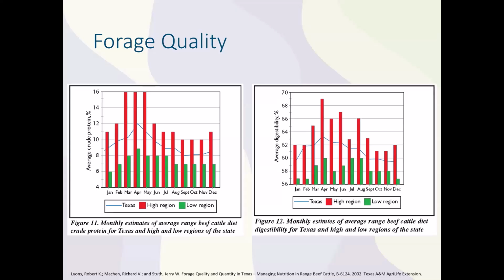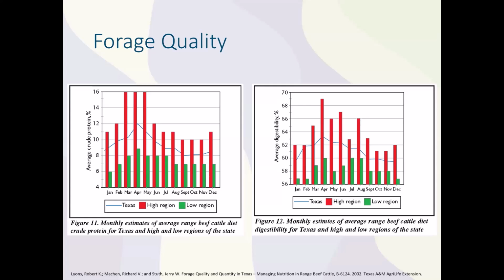And so they took those results and looked at different times of year and what that forage quality was that those animals were eating. They did this all across the state and broke it out into different regions. So the first graph on the left is crude protein. Looking at crude protein, the red bars are the high regions of the state where the high crude protein was.